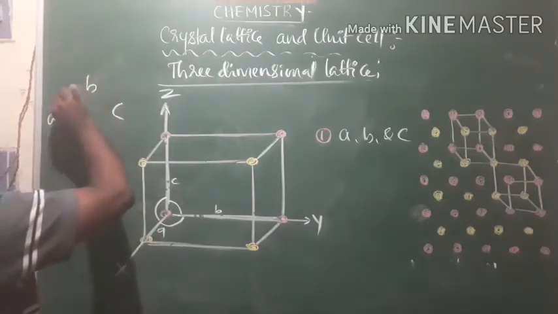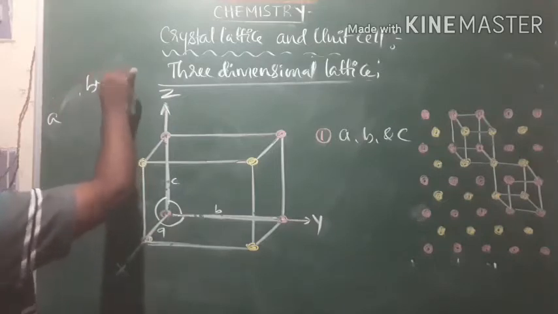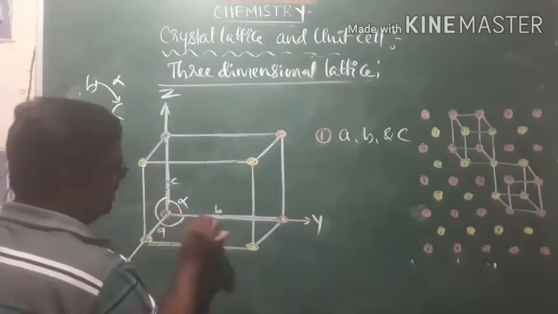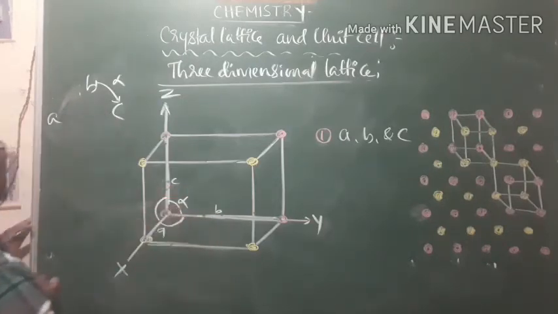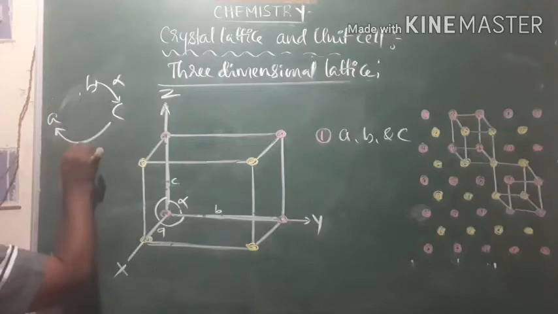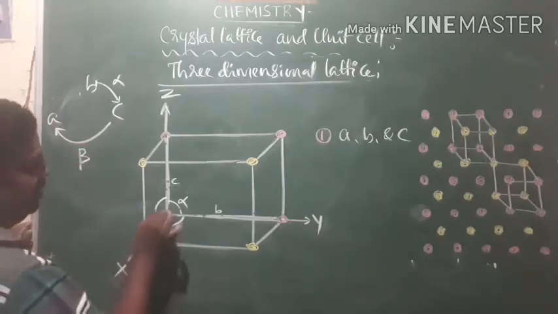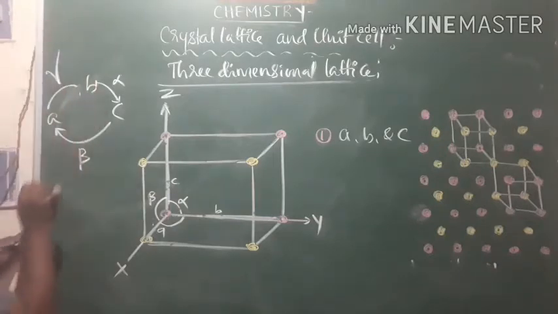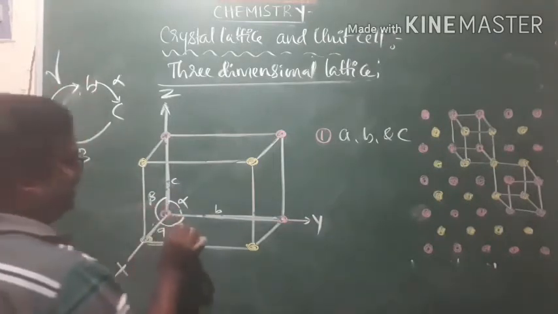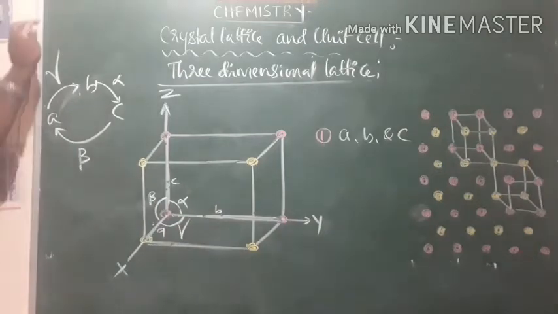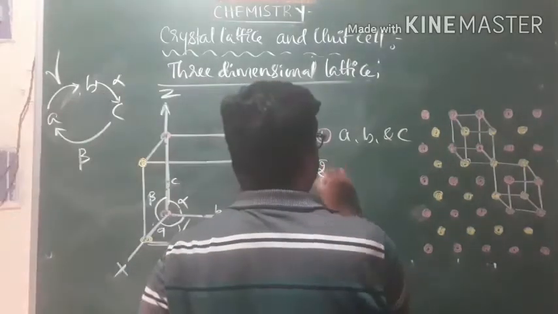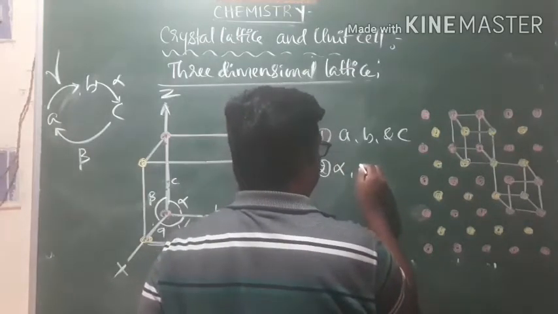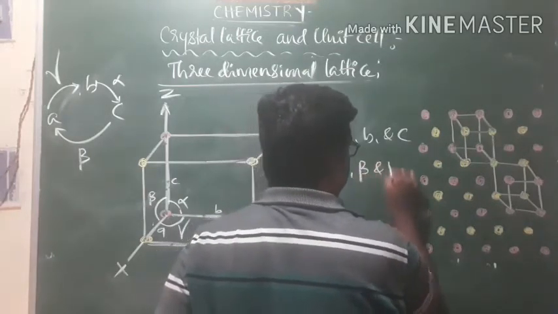If I move from B to C, that is alpha. The angle between the edges B and C will be alpha. The angle between the edges A and C will be beta. The angle between A and B will be gamma, okay? That is the other property: the angle between any two edges along two coordinate axes, alpha, beta and gamma.